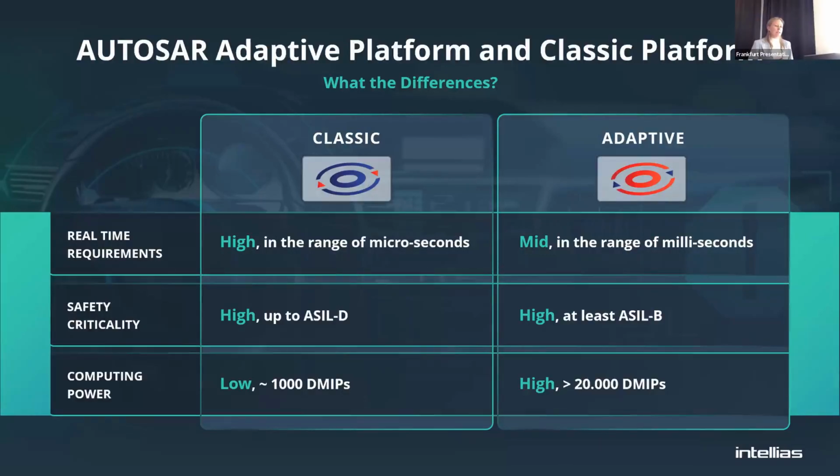Classic AUTOSAR was designed to support static, hard real-time events. But as technology progressed, the need for a more dynamic platform arose, especially to cater to the needs of autonomous driving and enhanced connectivity features, and the adaptive platform was introduced.